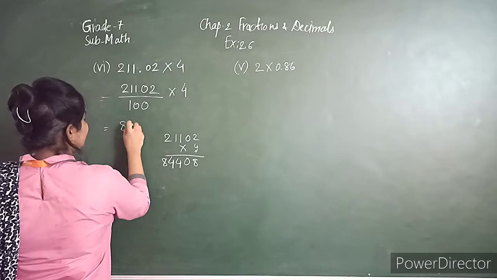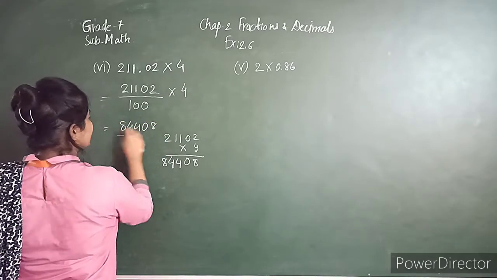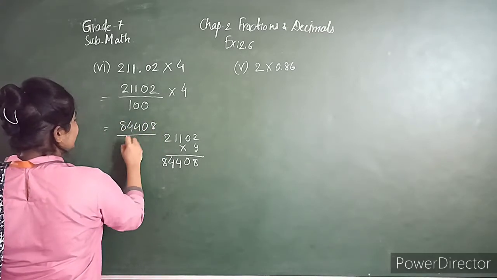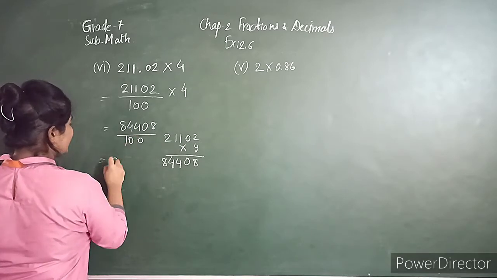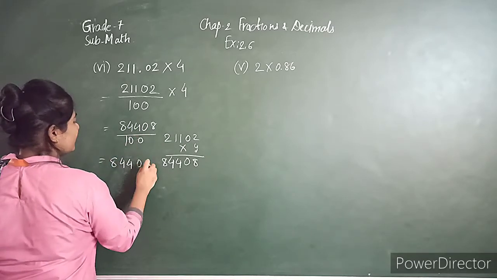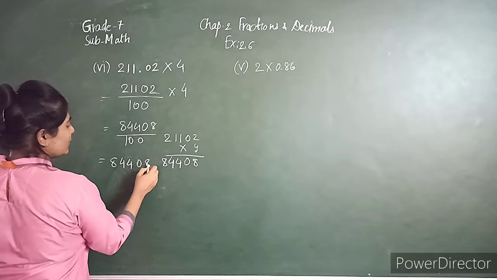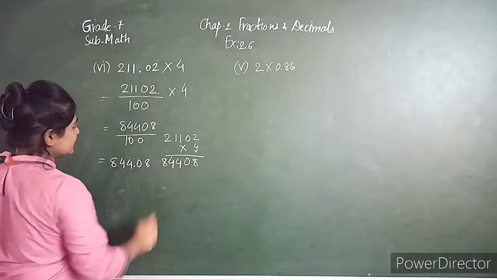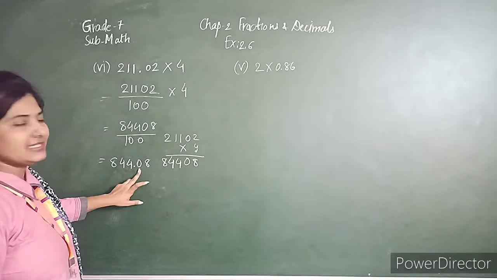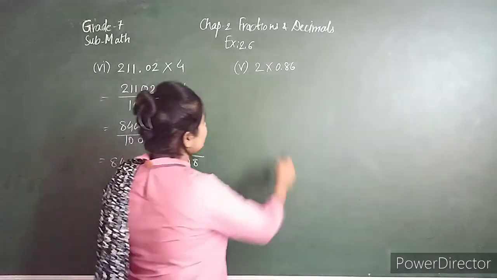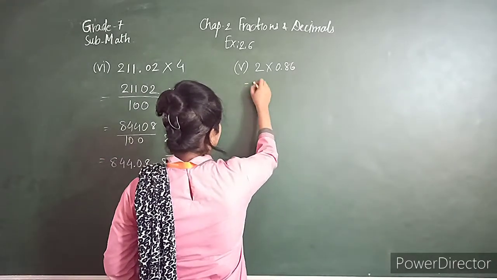So it is 84408 upon 100. We put the point before two numbers, counting from backwards, 1 and 2. So it is 844.08.